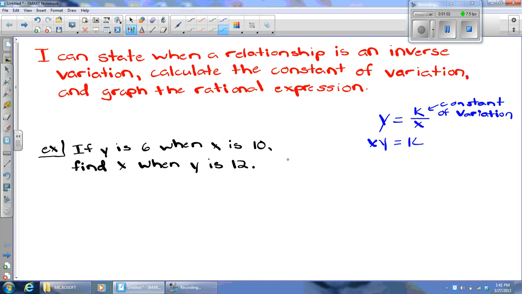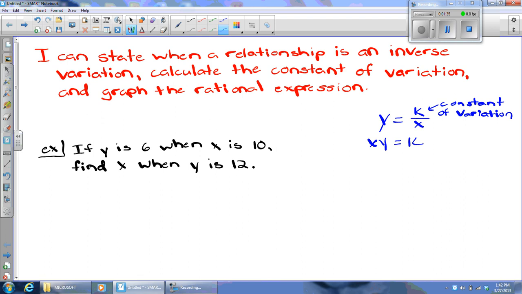If you remember way back in the beginning of the year, you talked about direct variation, and that describes a linear relationship between two variables. Now we're describing a nonlinear relationship between two variables, and these relationships aren't going to look like lines. They're going to look like the graphs that we graphed way before spring break.